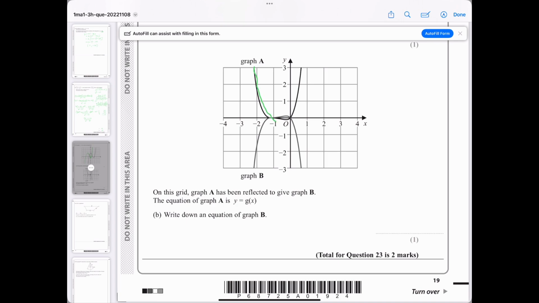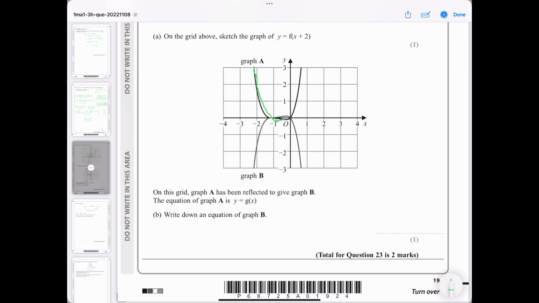I think that literally went like that, and that literally went like that. So I think it's going through the x-axis. It's reflecting through x. So if it's reflecting through x, it would be y equals minus g of x?